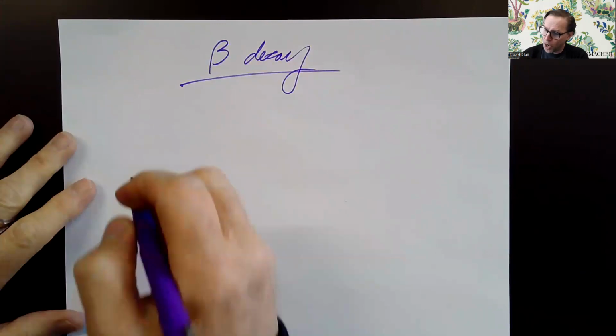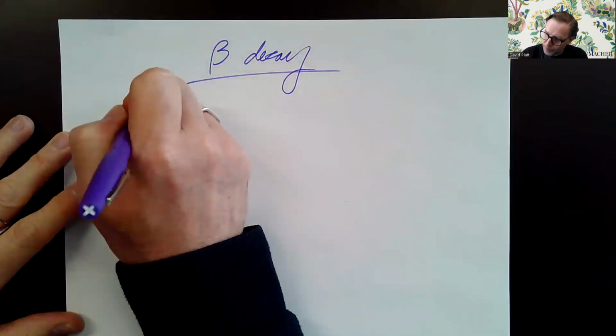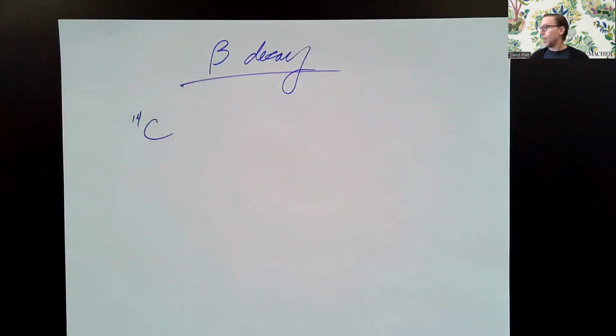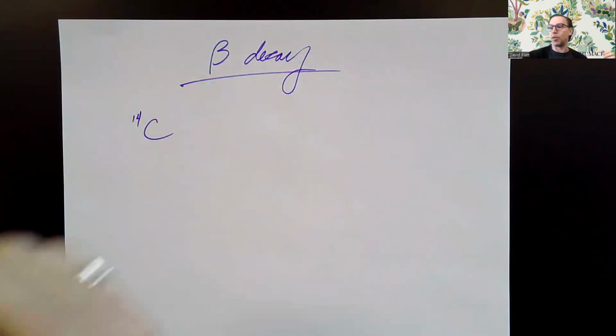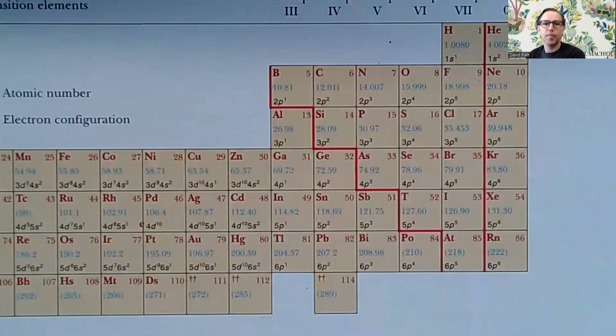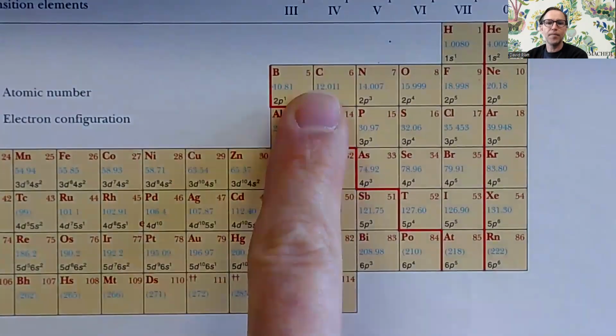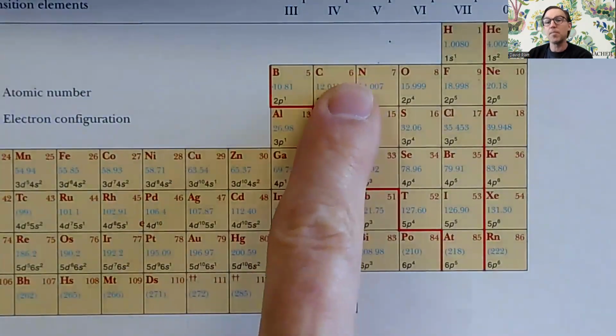So have you heard of carbon-14? Let's take a quick peek at that periodic table. Again, really fast. Carbon is here. Carbon has an atomic number 6.